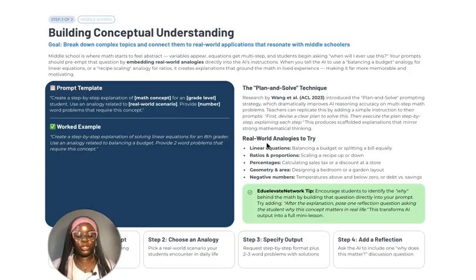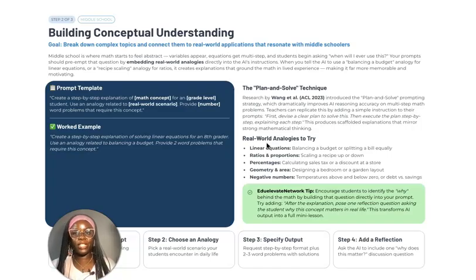So your prompts should preempt that question. It should think forward, anticipate some of the questions the kids will ask you about the topics you're teaching them, and embed that into real-world analogies through the prompt. Let AI do the heavy lifting for you, directly in the AI inputs.